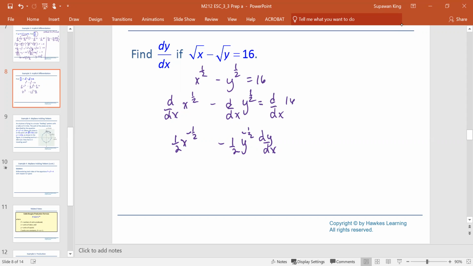So that's why the chain rule is applied when you find the derivative involving the y terms. On the right hand side, the derivative of 16 is 0.